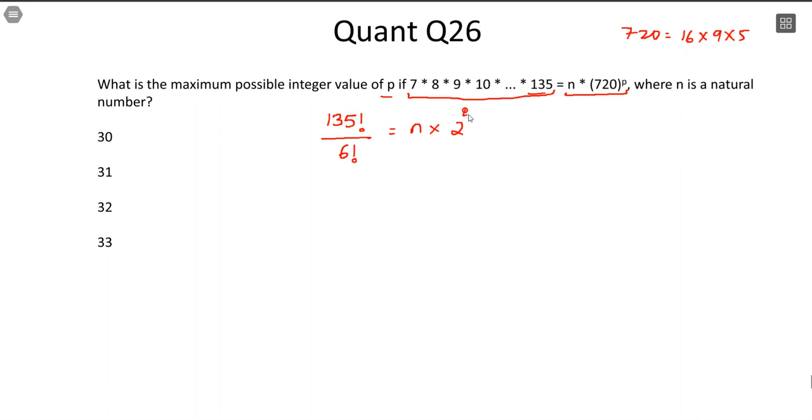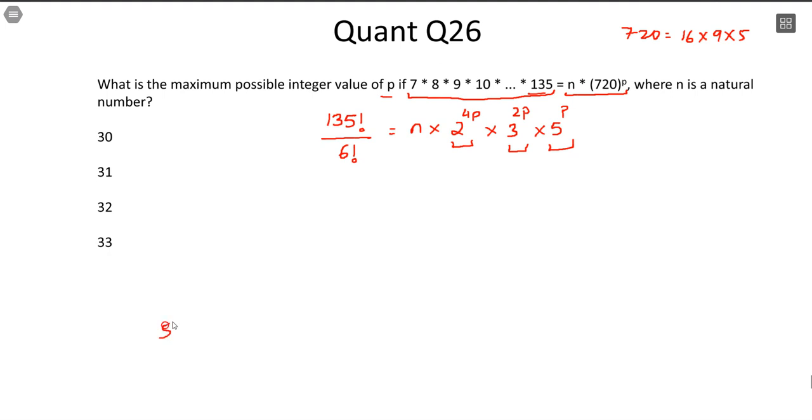So 2 raised to the power 4p into 3 raised to the power 2p into 5 raised to the power p. This is as good as 720 raised to the power p. So essentially now I have to check the presence of 2's in 135 factorial by 6 factorial, presence of 3's and presence of 5's.